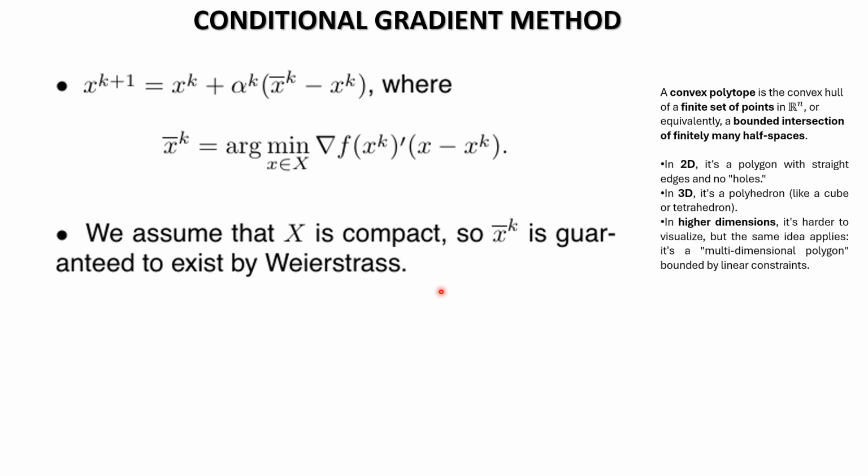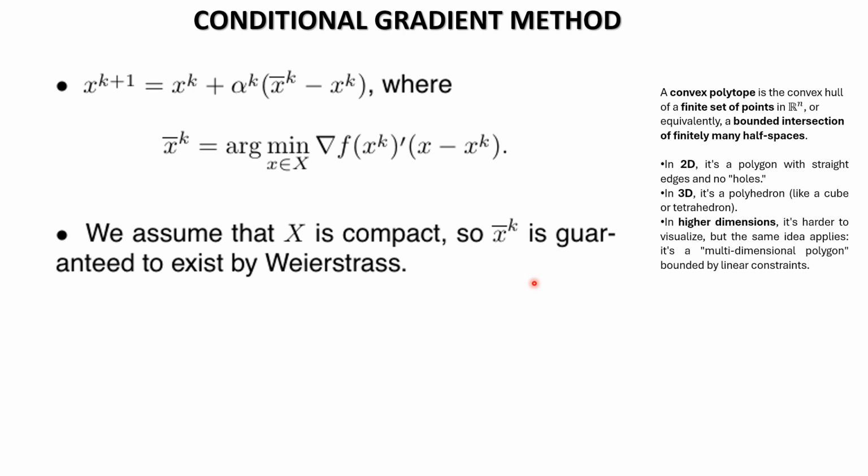We assume that X is compact, so x bar k is guaranteed to exist by Weierstrass. This refers to the Weierstrass extreme value theorem, which says a continuous function achieves its minimum and maximum on a compact set.